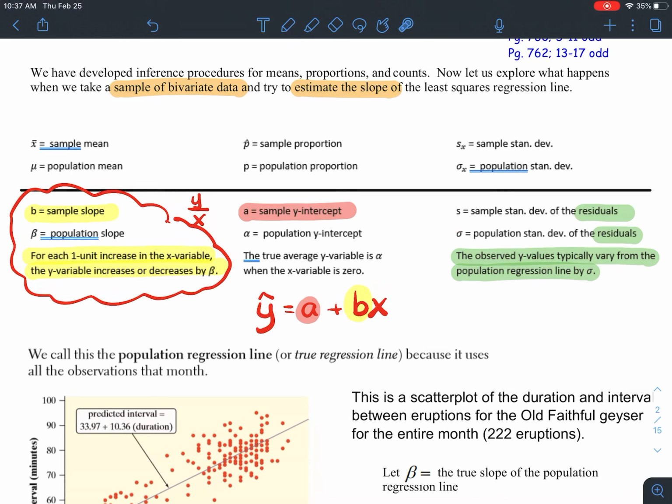Notice that the slopes for each of these sample regression lines, negative 10.2, 7.7, and 9.5, seem to vary quite a bit from what we know to be the true population slope, which was 10.36 in the picture up above. So here's the idea in this chapter.